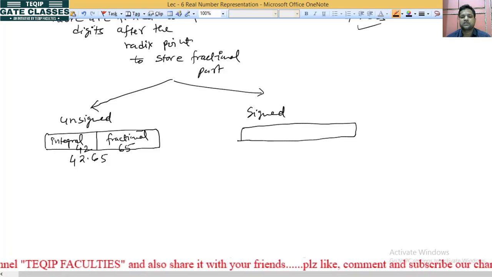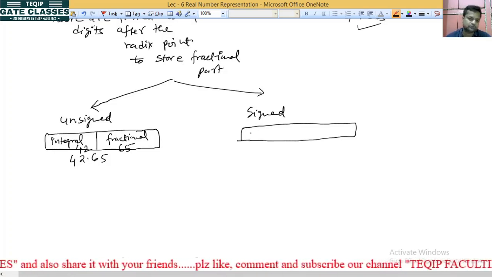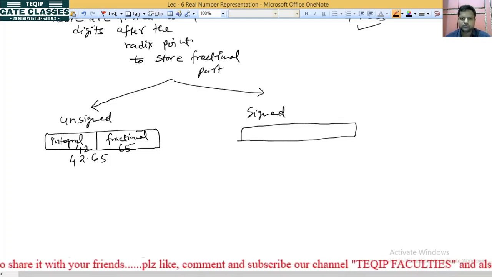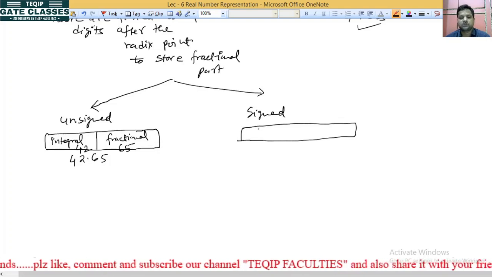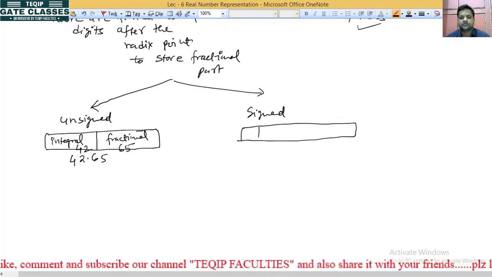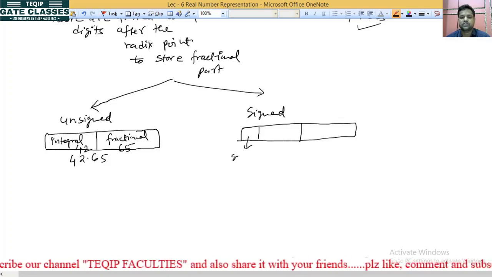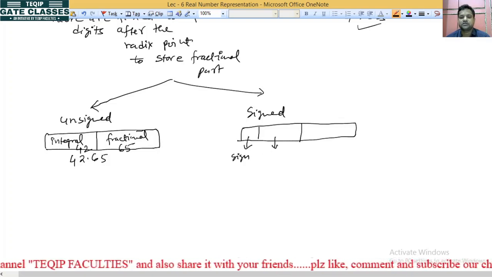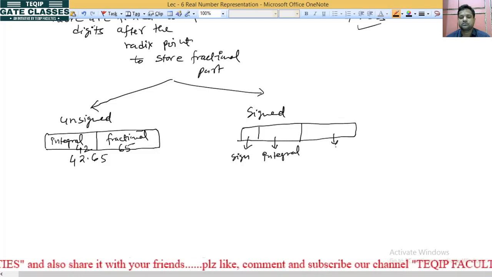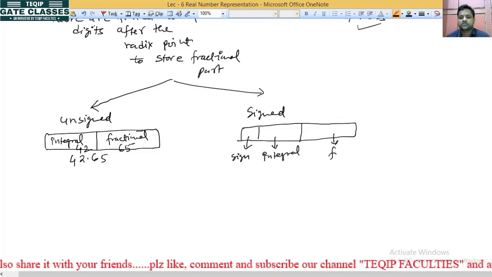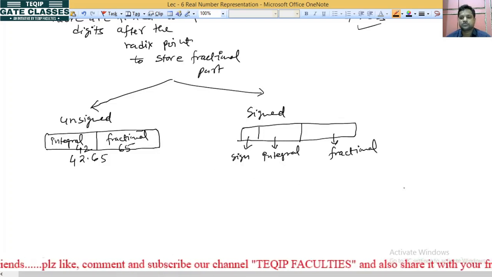But in signed real number, to store signed real number we have three fields, 1, 2, 3. This field is known as sign field, this one for integral and this one for fractional part, okay na.